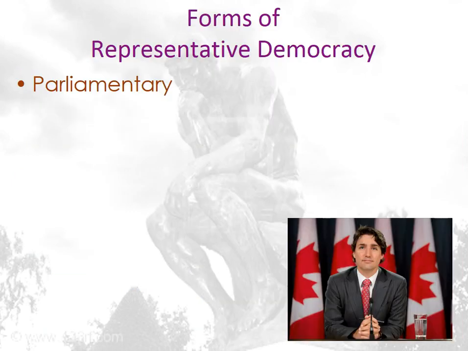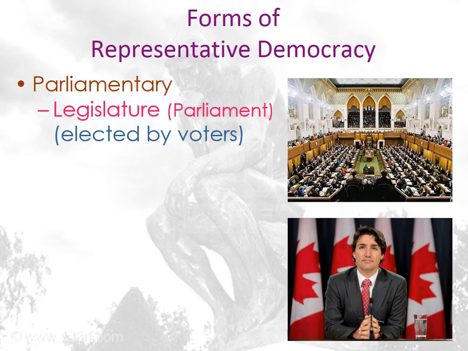The other form of indirect democracy, or representative democracy, is what is known as a parliamentary system. And as you can see, Canada has a parliamentary system. In a parliamentary system, the people vote for the legislative branch. The people vote for the parliament, as it's called in this system. But then the parliament not only gets to make the laws, but they also get to select the chief executive.